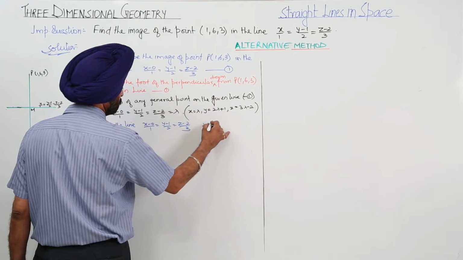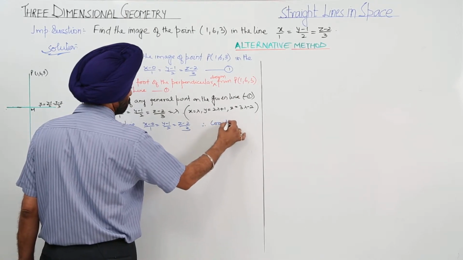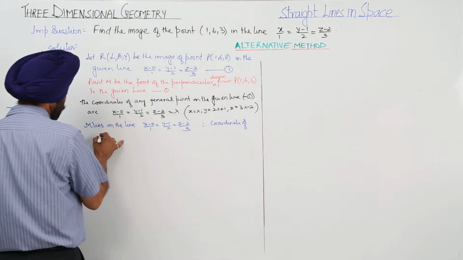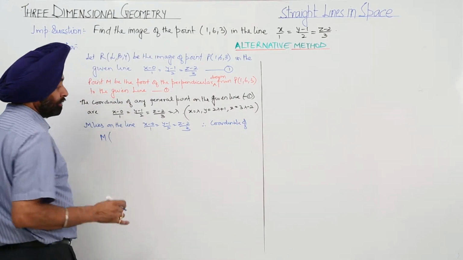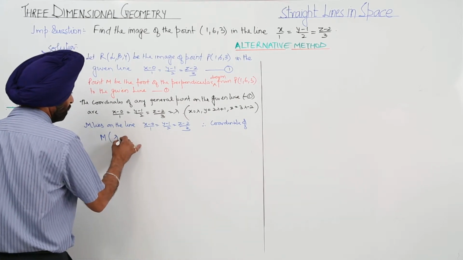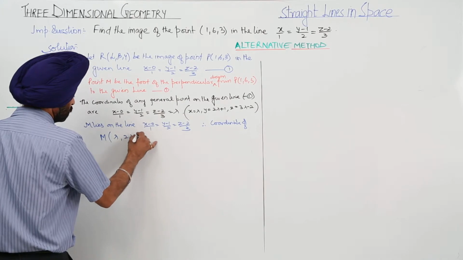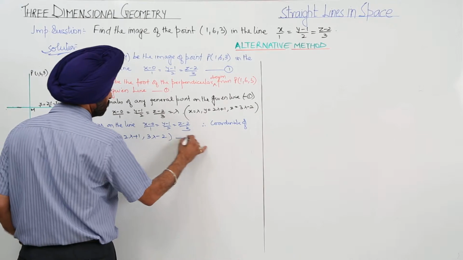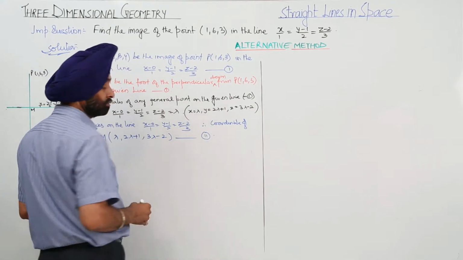Therefore, the coordinates of M will be the same. So the coordinates of M are lambda, 2 lambda plus 1 and 3 lambda plus 2. Now let this be equation number 2.